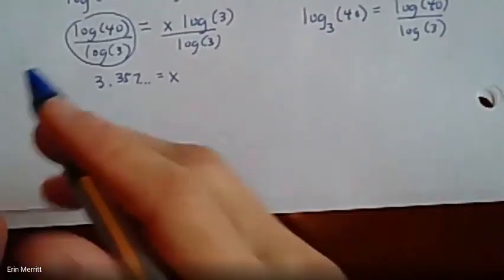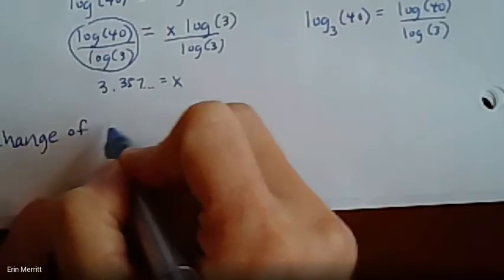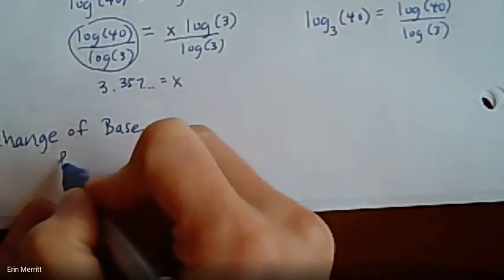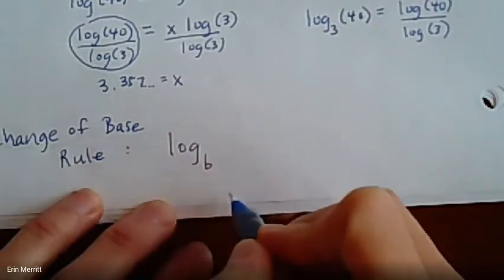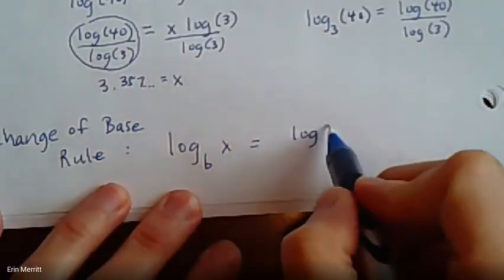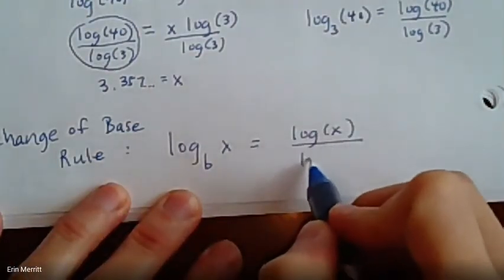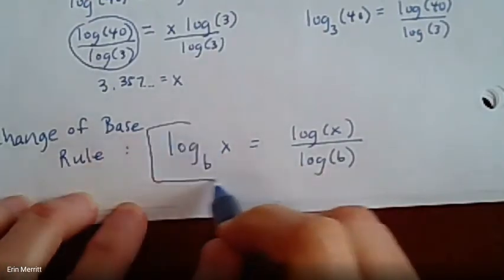So let's write down that rule, all right? It's called the change of base rule. Okay. So log base b of x is equal to log of x divided by the log of whatever that base b is.